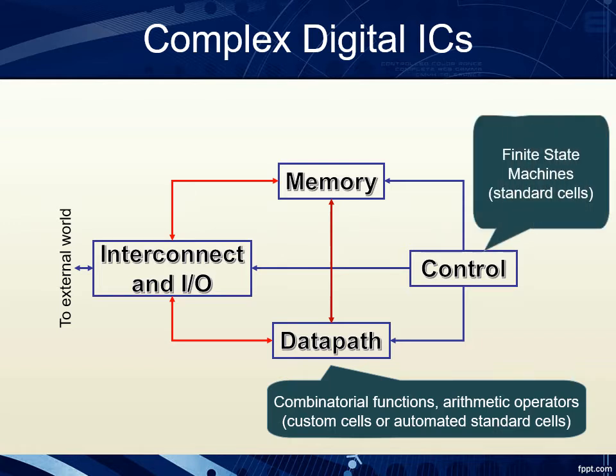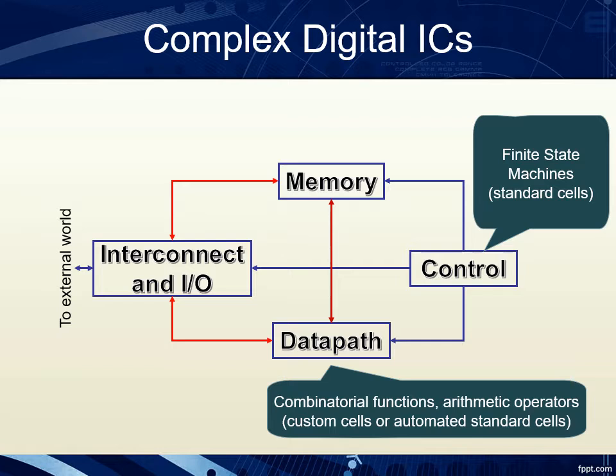The control block is essentially a finite state machine, which is built with standard cells. Standard cells are reusable logic gates and single registers or single blocks of registers that can be used as a standard building block of the combinatorial circuit of a finite state machine, so that each block is designed only once and then used in different types of more complex circuits.